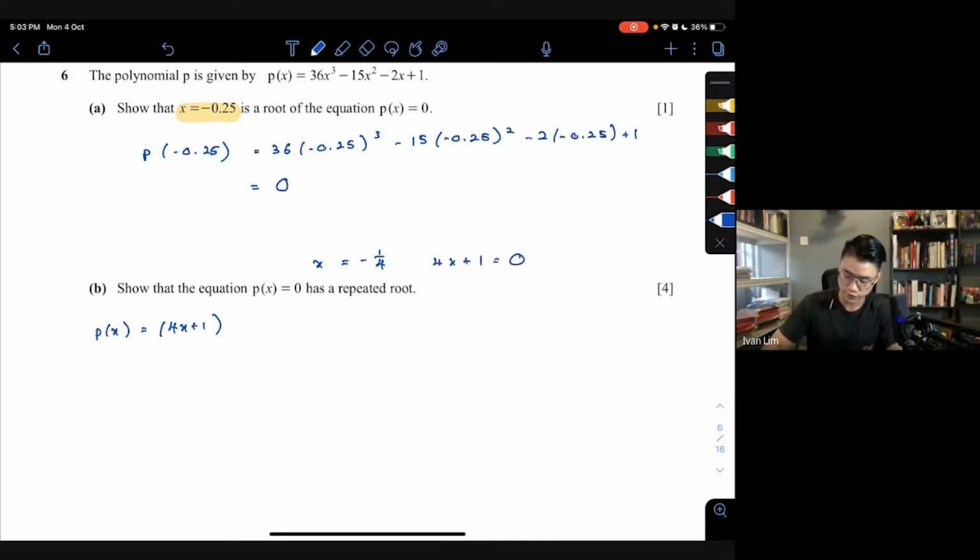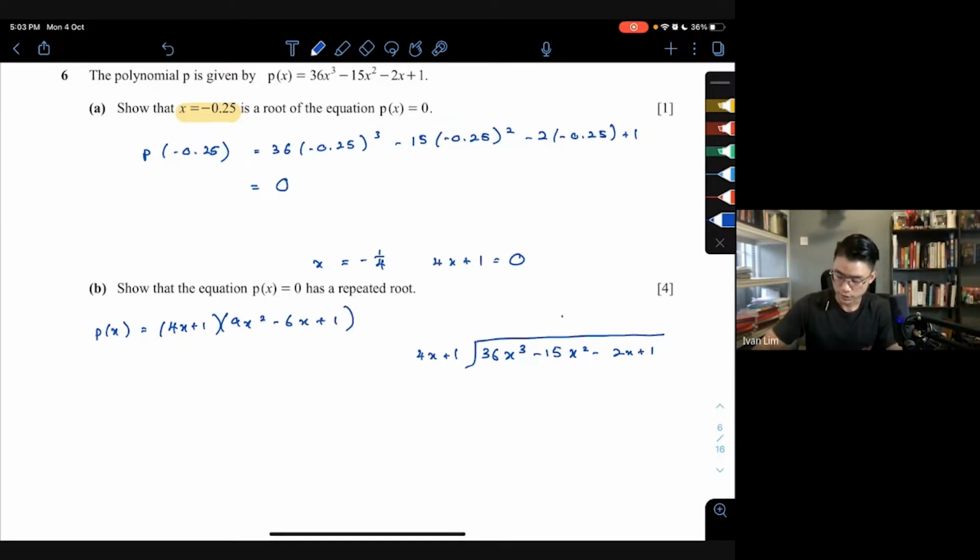So we know the first one already. Go and show this. I probably won't write the whole thing. Everyone go and try by yourself. Dividing by 4x plus 1, you will get 9x squared minus 6x plus 1.